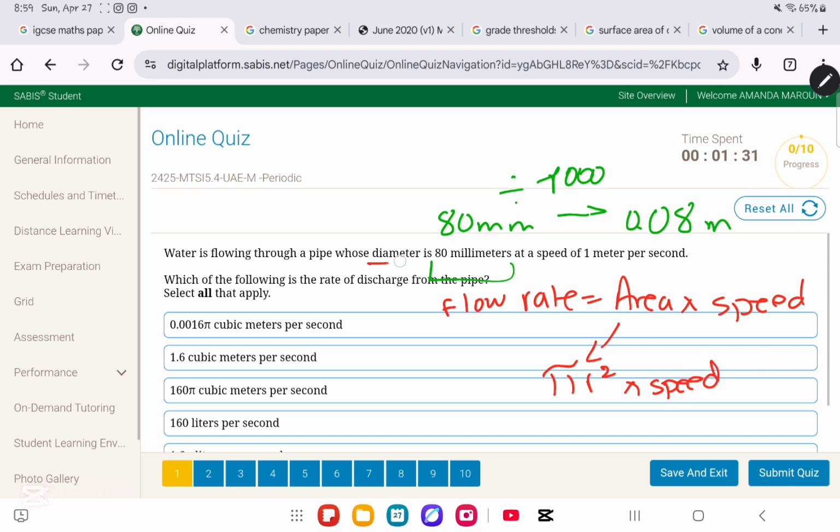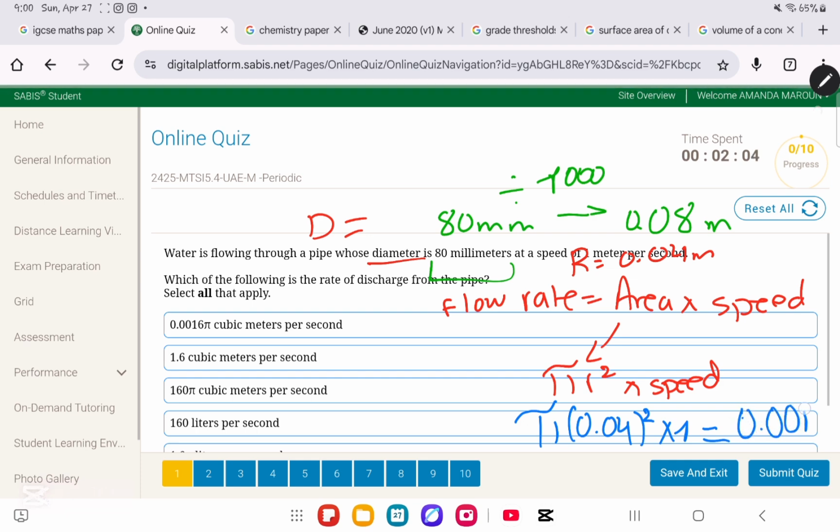The diameter is 80 millimeters or 0.08 meters, so the radius is 0.04 meters. Substituting, you get pi times 0.04 squared times the speed, which is 1 meter per second. And then you get 0.0016 pi cubic centimeter cubed per second.